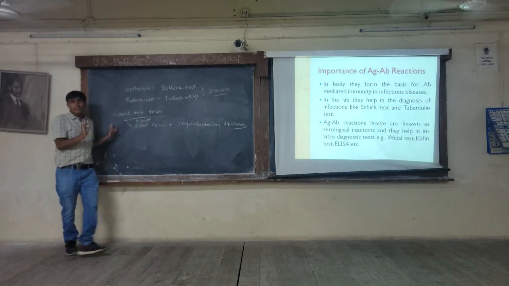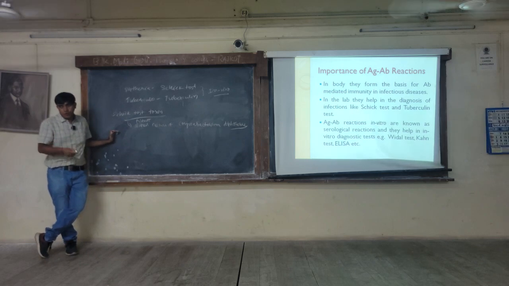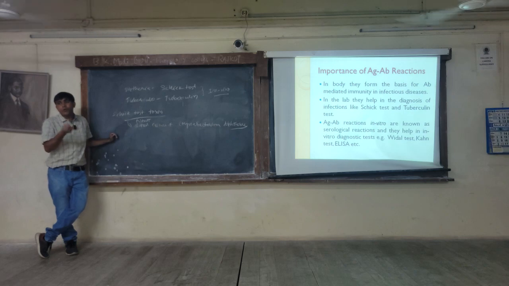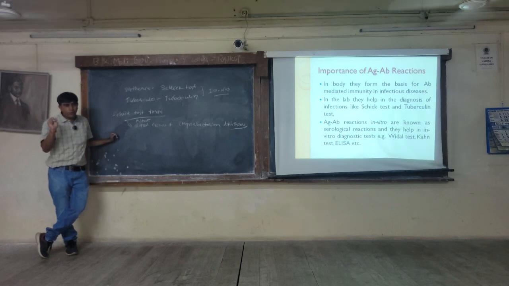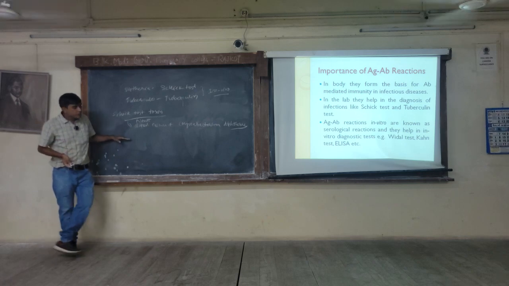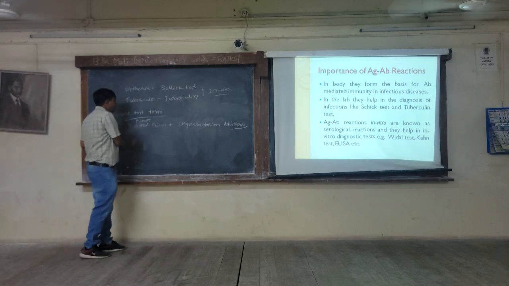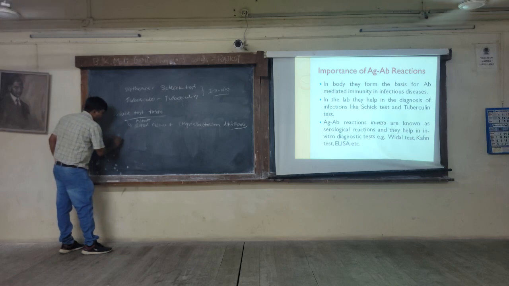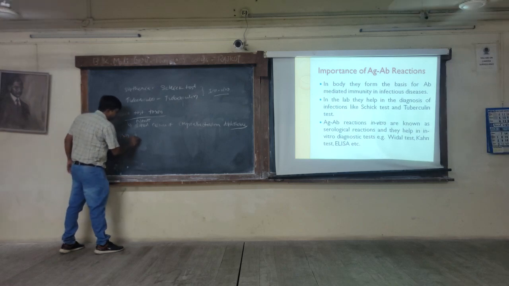The dose is adjusted, the solution is made isotonic, and normally the dose is accommodated in 0.1 or 0.2 ml of the solution. So it is accordingly diluted or concentrated. The Schick test control is nothing but the toxin which has been heated.